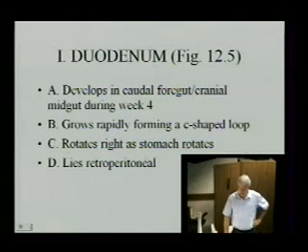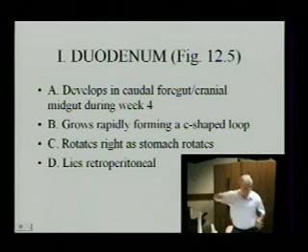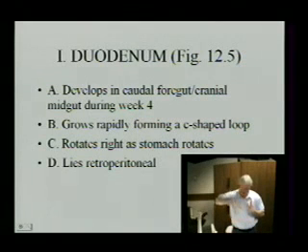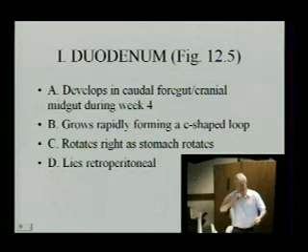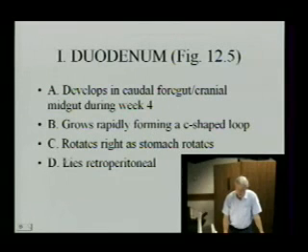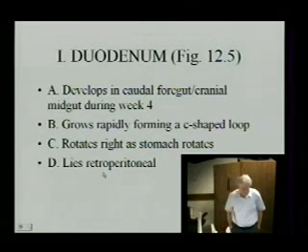So there must be some type of rotation of the midgut to produce this curling of the duodenum to form a C shape from right side over to left side. So there must be some twisting or rotation of the midgut that pulls it around like that. And we'll take a look at that. That basically, I think, is the Friday lecture.